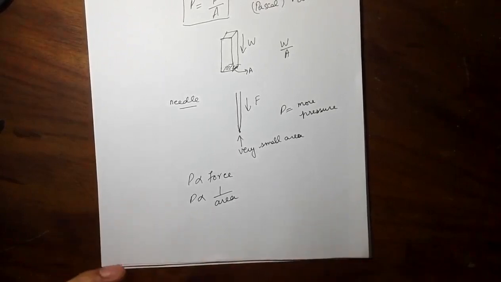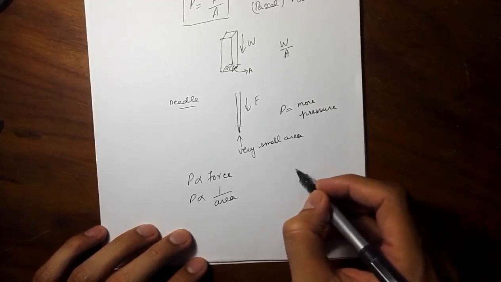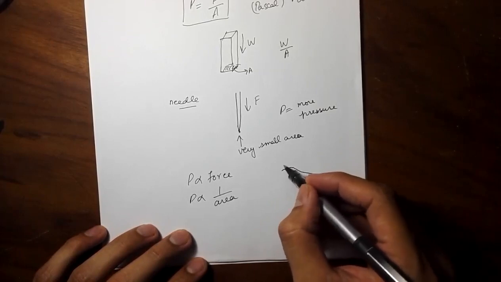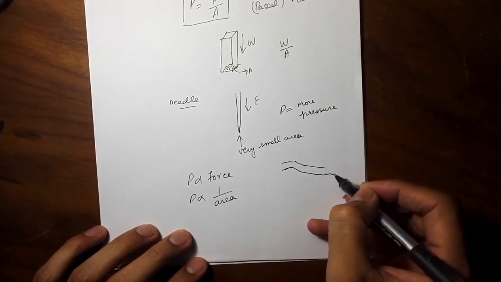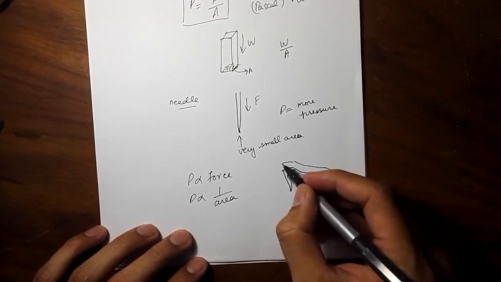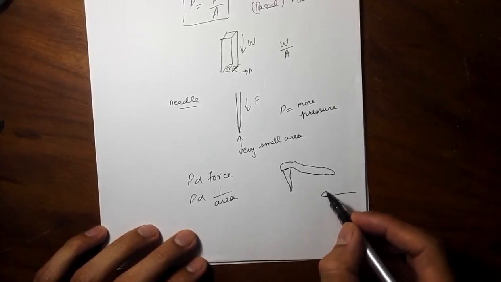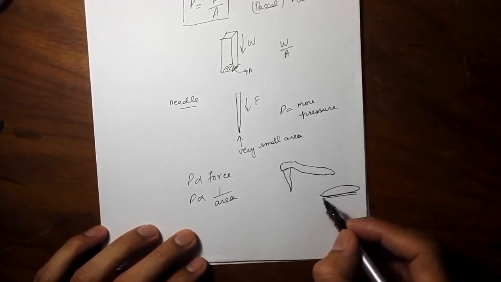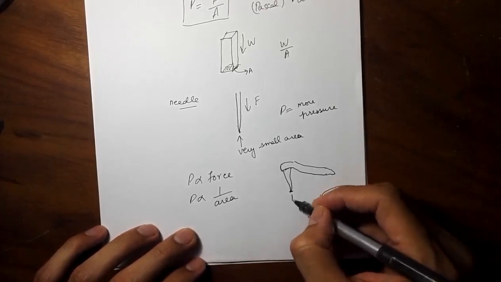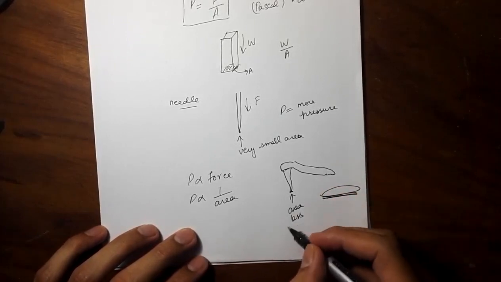Another example, let's suppose someone wears high heels like this. I draw a sketch of high heels. Okay, and someone wears flat shoes with this much of area, and it has this much of area. Now over here the area is less, pressure will be more.